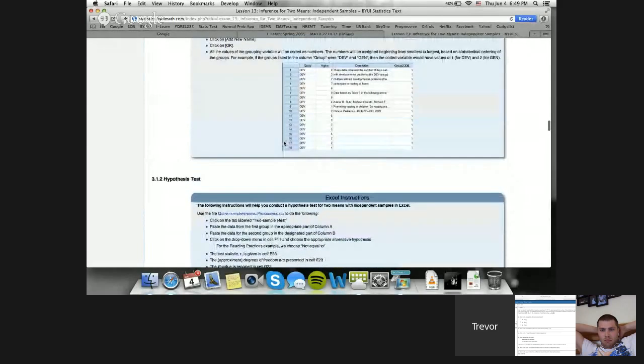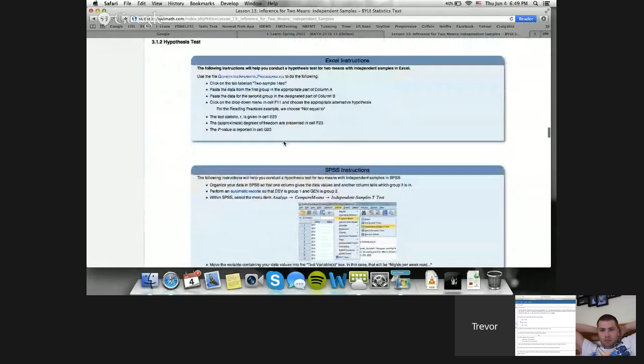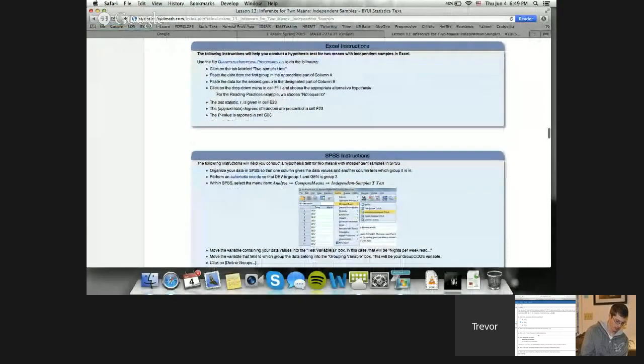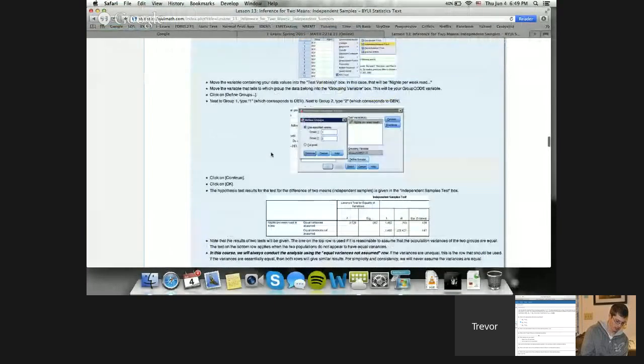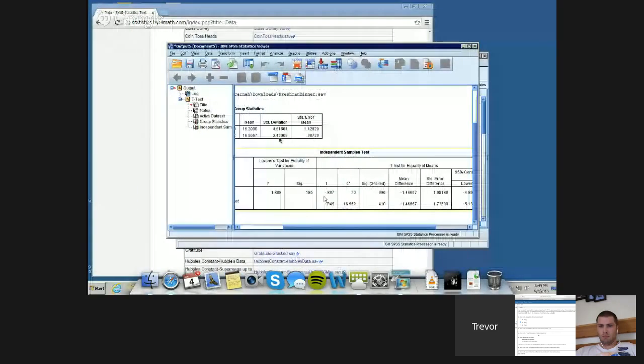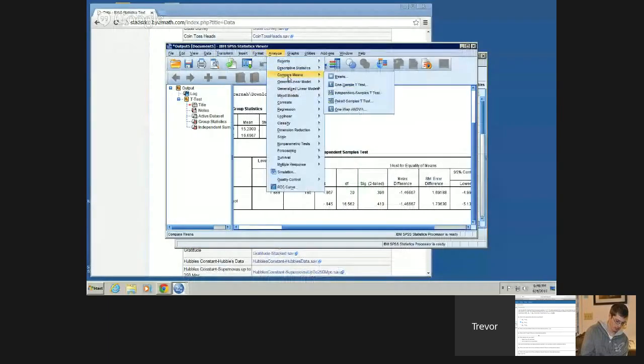It gives us a mean for Colorado and Utah. Where did you get the negative?